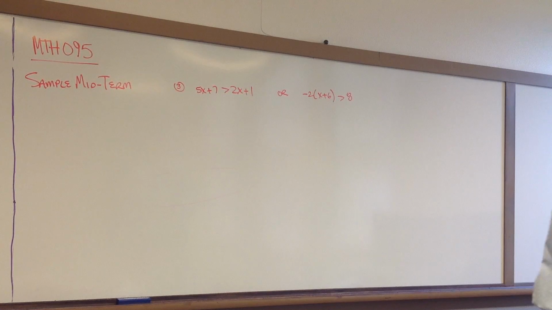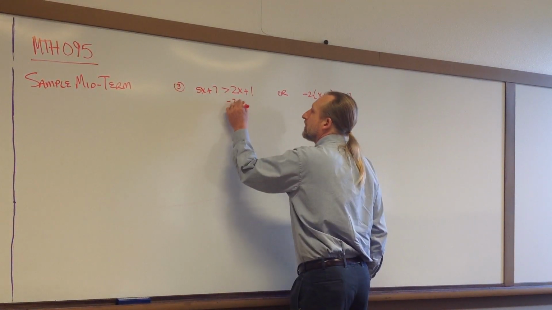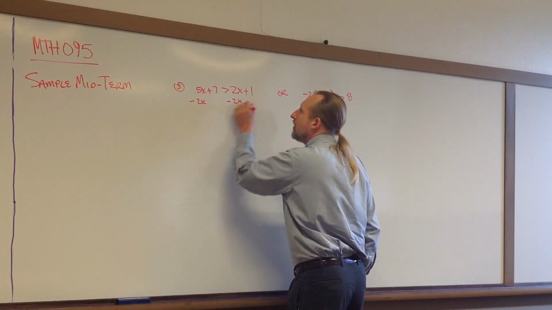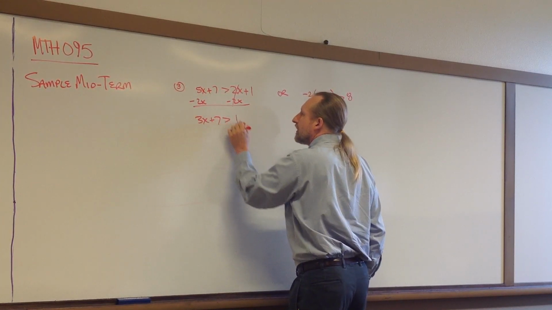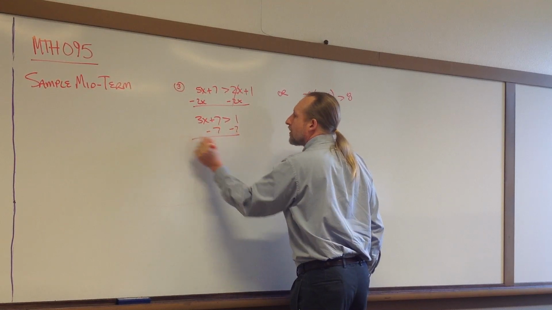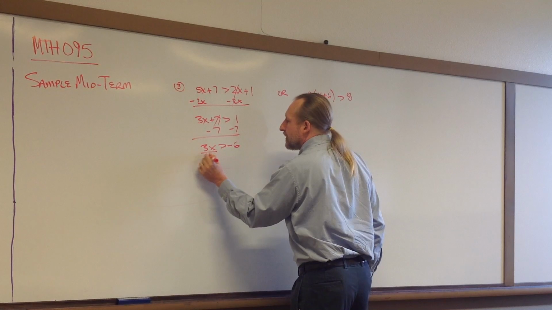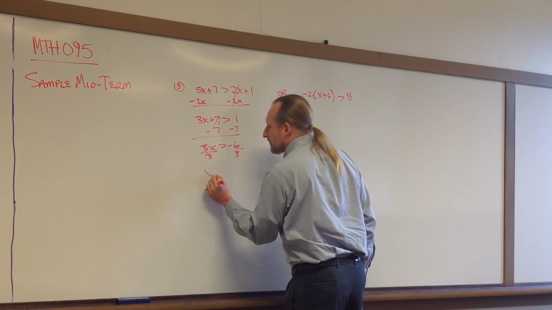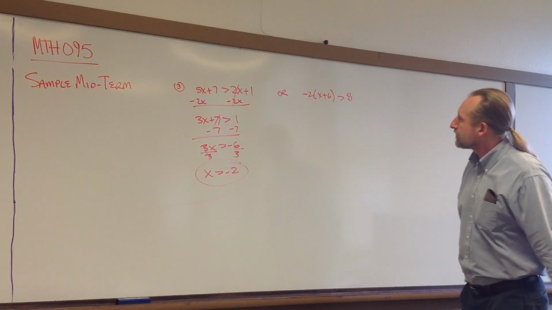All right. So let's go ahead and solve this one. So those cancel out. 3x plus 7 greater than 1. Subtract the 7. 3x greater than negative 6. So x greater than negative 2.